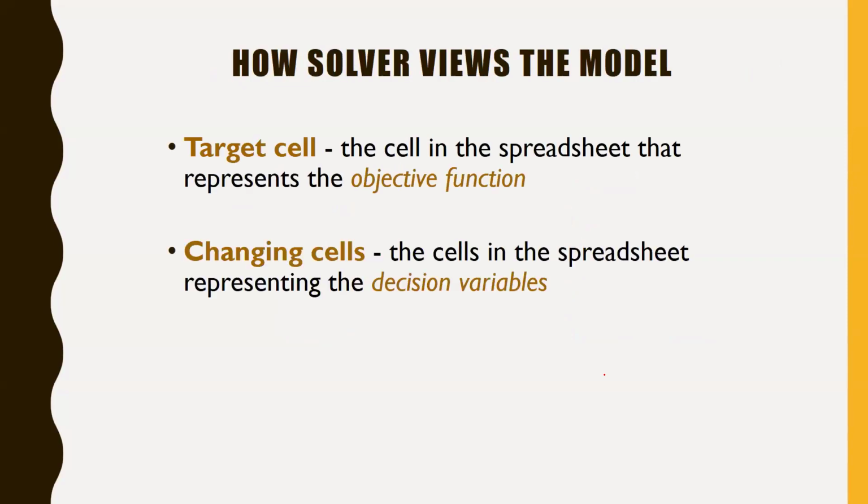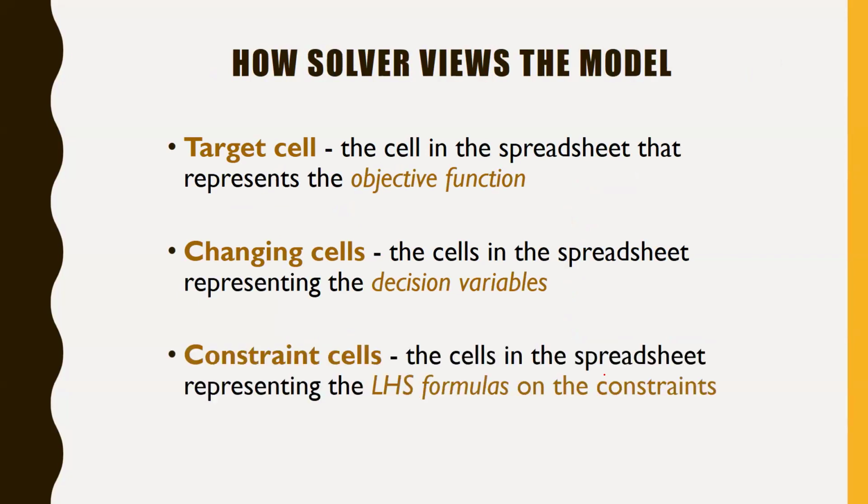Then we have to set up the target cell in Excel or software with our objective function. The changing cells are the decision variables, and then we assign the constraints, or subject to, for this case.